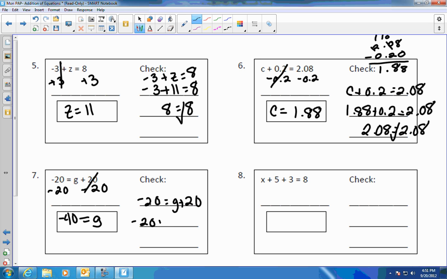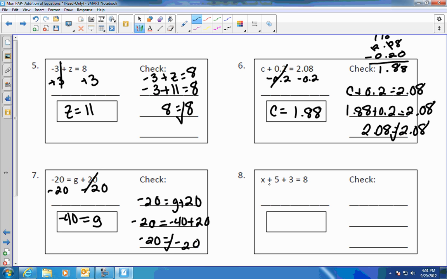Negative 20 equals negative 40 plus 20. This side doesn't need anything done. Negative 40 and positive 20 is negative 20. So it works.